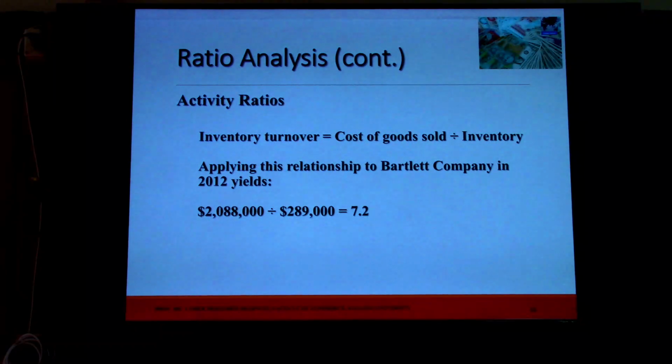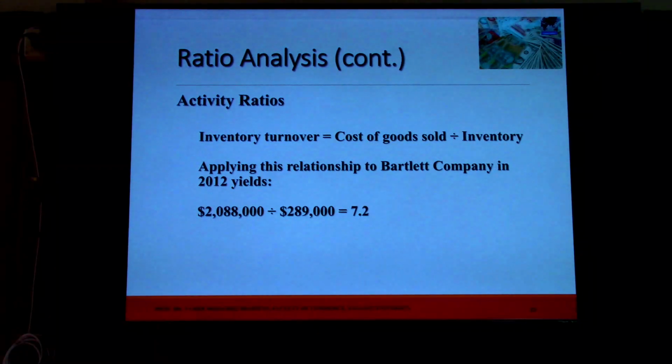The first one is called inventory turnover. Inventory turnover is equal to cost of goods sold divided by inventory. Cost of goods sold from the income statement, inventory from the balance sheet. In our example, cost of goods sold divided by the inventory is equal to 7.2.